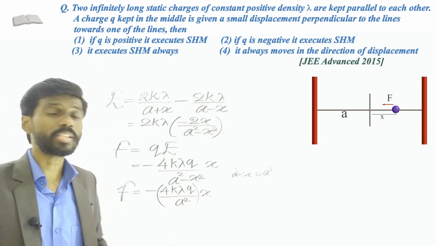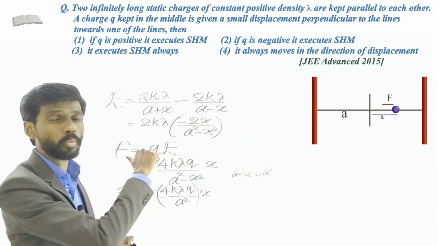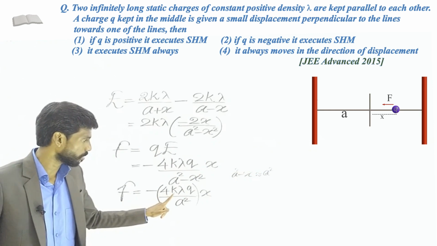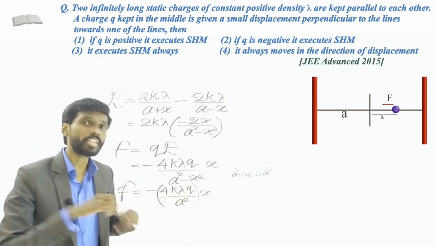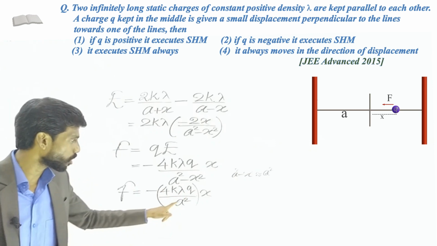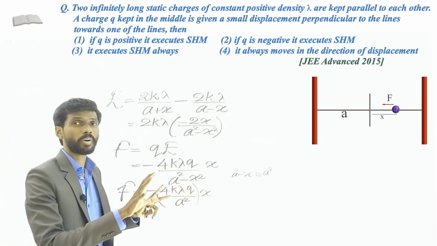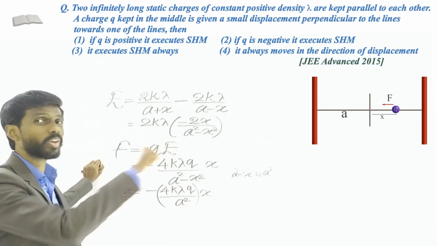But this force has to be negative. We want the force to be negative, then only it will be towards the center. So when will this force be negative? All these values are positive, but we don't know about charge q. What if charge q is negative? If the charge q is negative, there is already a negative sign, so negative times negative will become positive, the force becomes positive, that will be in the forward direction then, not towards the center.